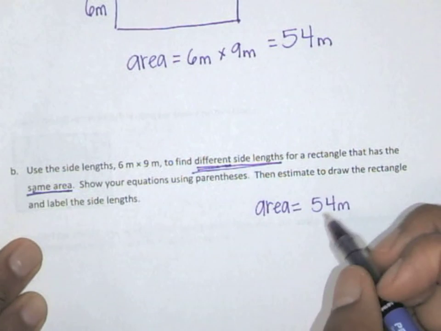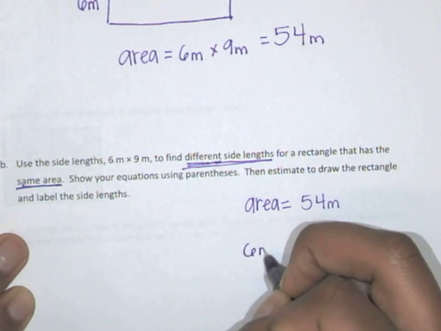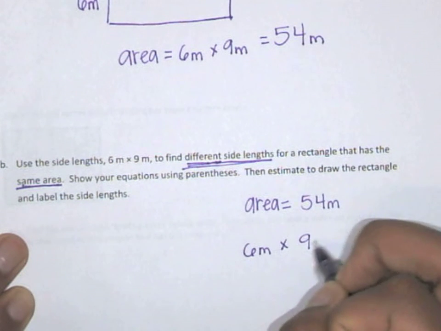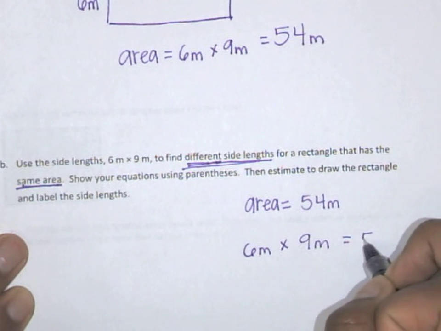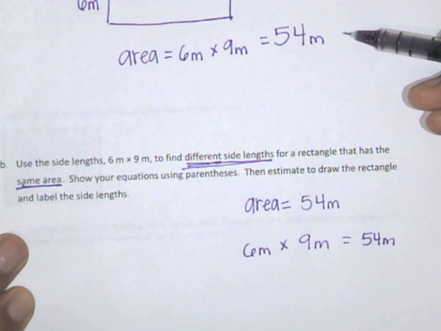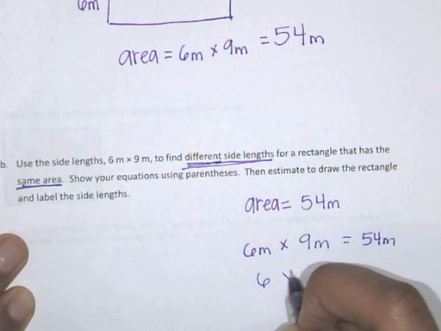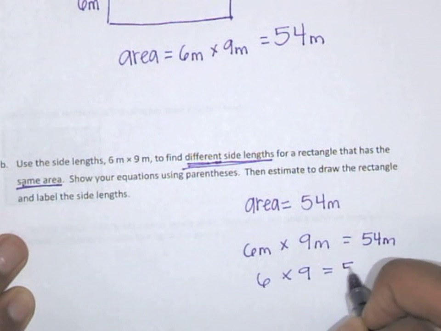So our new problem, or our problem before, was 6 meters times 9 meters equals 54 meters. So we pulled that from right up here, from part A. Now, to make it easier, and since we have to play around with numbers, let's get rid of the unit right now. So 6 times 9 equals 54.